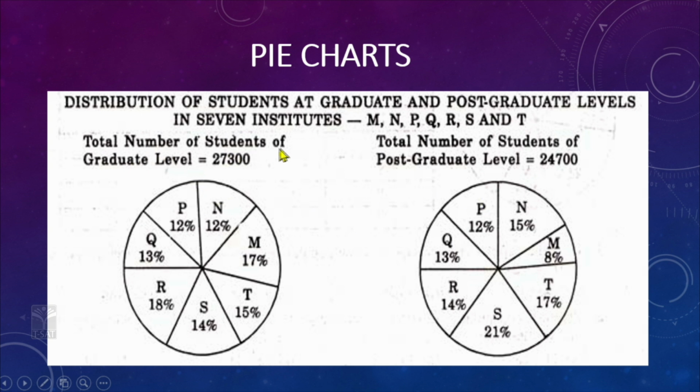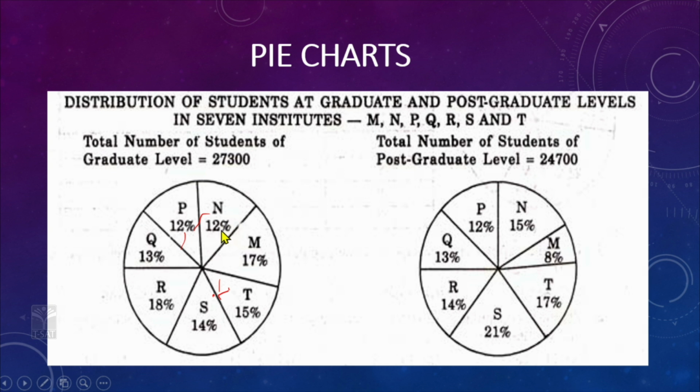The total number of students at graduate level is 27,300 and the total number of students at postgraduate level is 24,700. So when you consider this, this is called a sector angle. This is a sector, this is a sector.